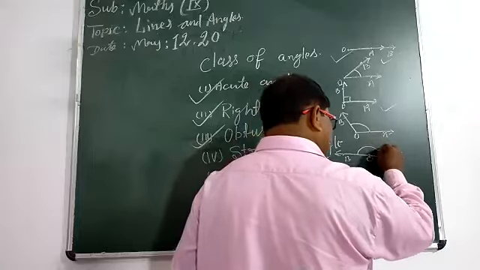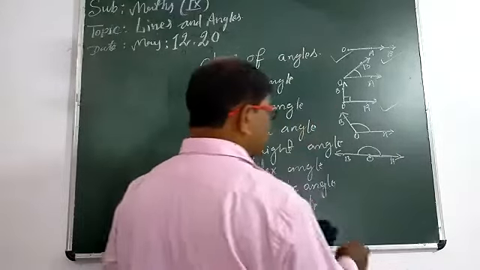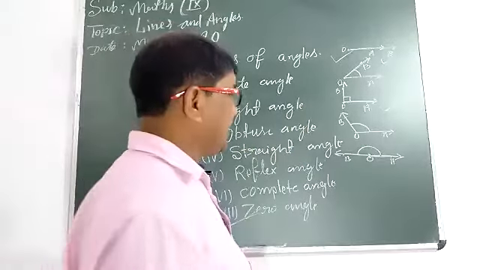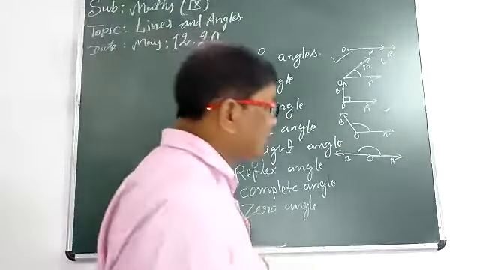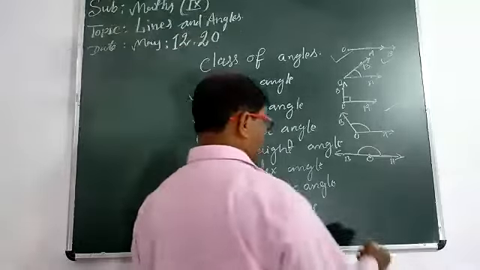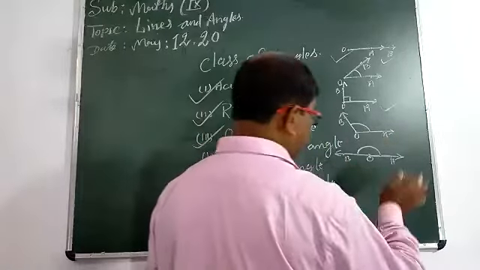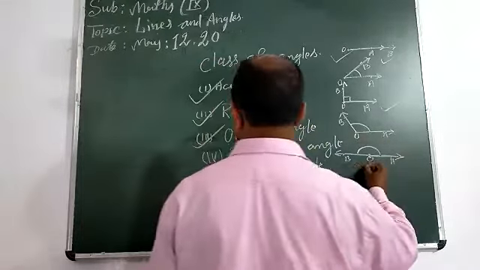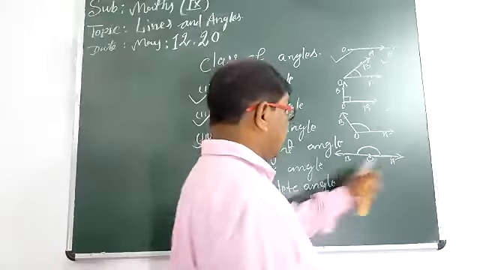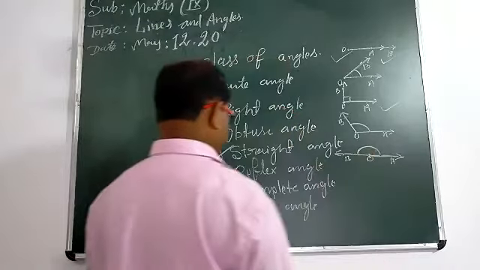So this type of ray, you can say this is a line. Two opposite rays having the same initial point, that is the line. So this type of inclination between two rays is called a straight angle, because this is a straight line. Measure of this angle will be 180 degree.